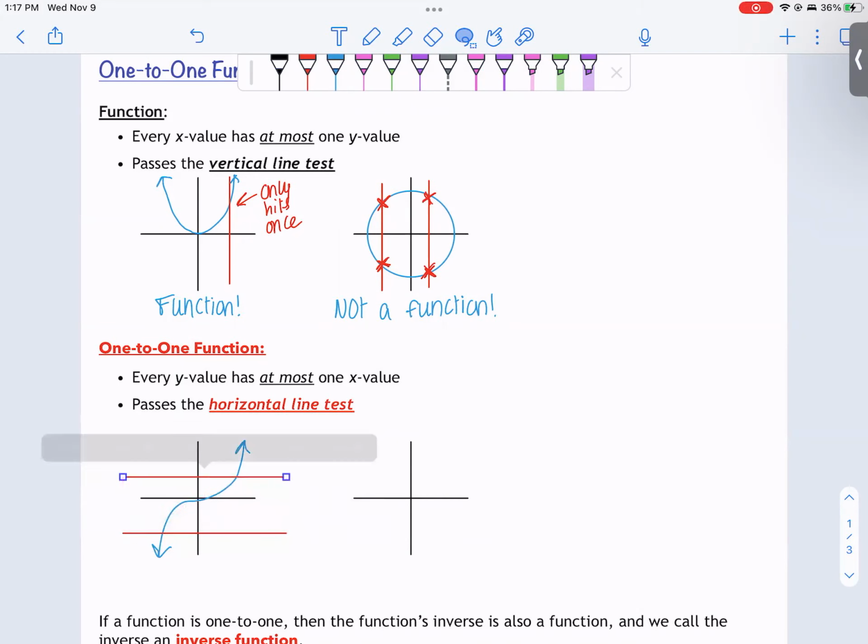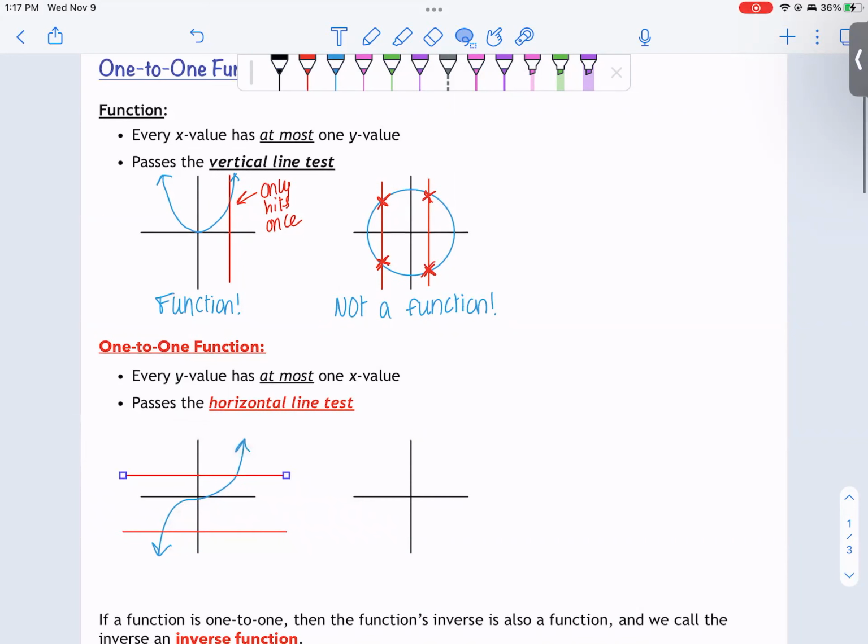This guy passes the horizontal line test. And therefore, this is a one-to-one function. That means that the inverse of this graph will also be a function.